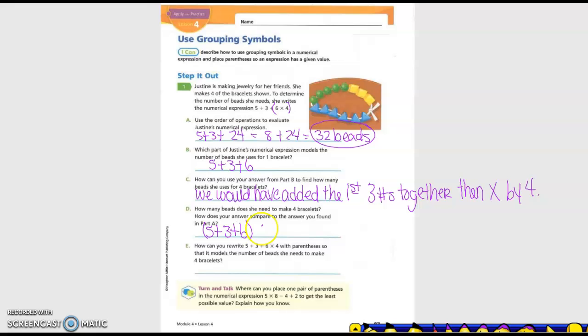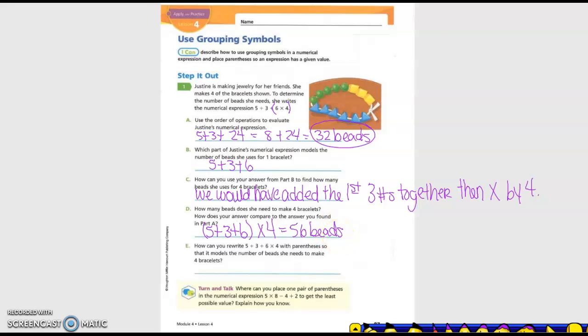And then times 4. So what is 5 plus 3 plus 6? 5 plus 14 is 14, right? And then times 4. What's 14 times 4? 56, right? Okay, so equals 56 beads.